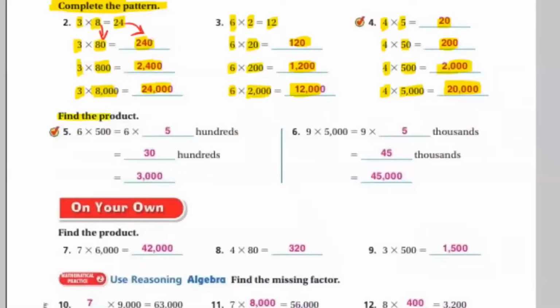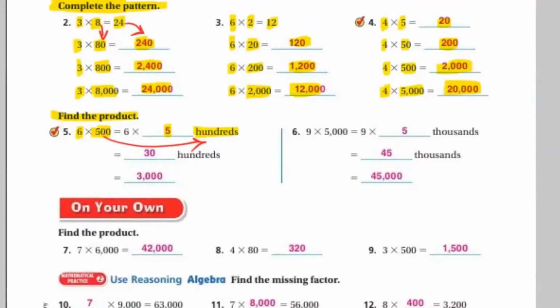Okay, let's find the product here. We have the first one, we have 5 multiplied by 500. So rewrite this 500 like that. So we have 100 here, so let's write 5 here because it's 500.